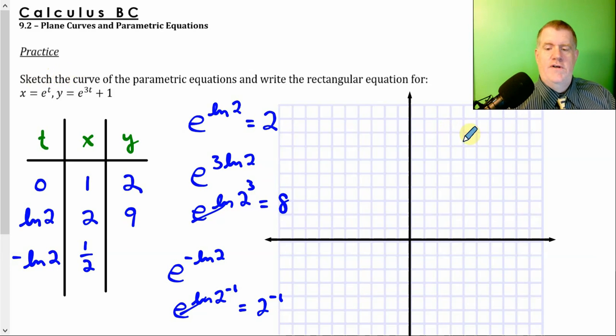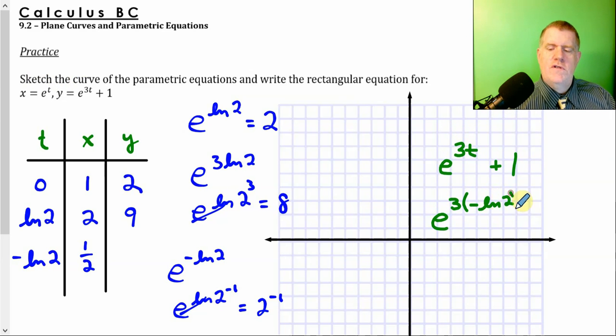All right, let's figure out y. I'm going to put it over here, but I'll have to erase it when we're done because it won't be in a good place. All right, that's what the y equals if I let t equal negative natural log of 2. Some of you might see already what's happening with this answer. It's going to be negative 3.